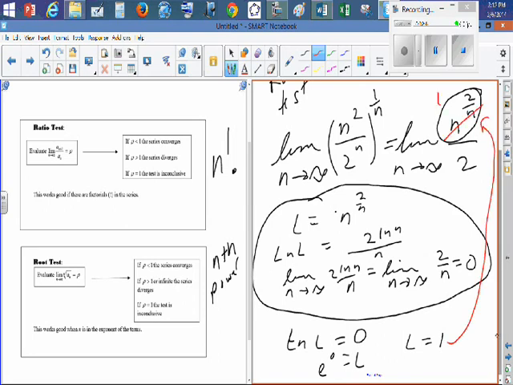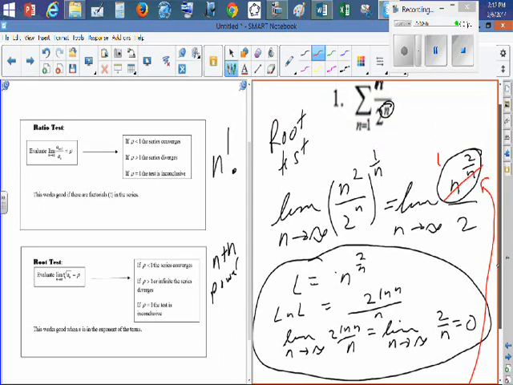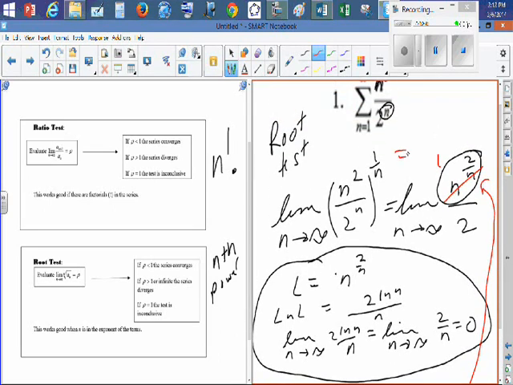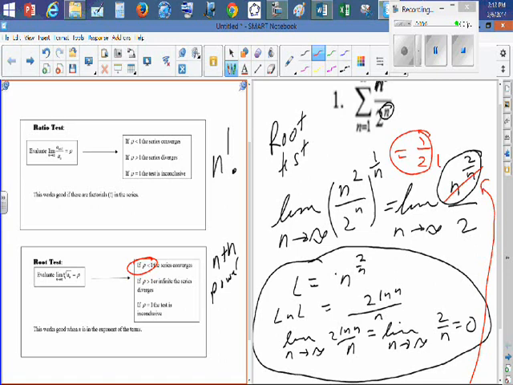So what does that tell me about this series? Well, using the root test, as I raise my nth term to the 1 over n, I'm going to end up with 1/2, which in the root test, if your value is less than 1, you know your series converges. And that's how we use the root test.